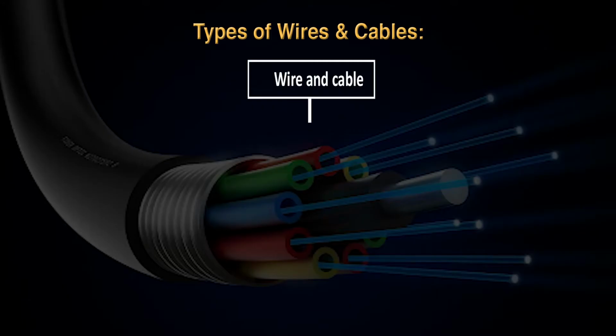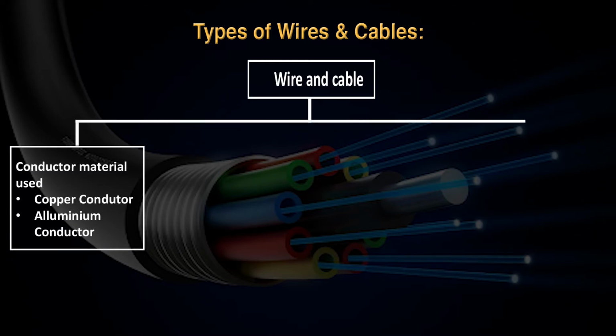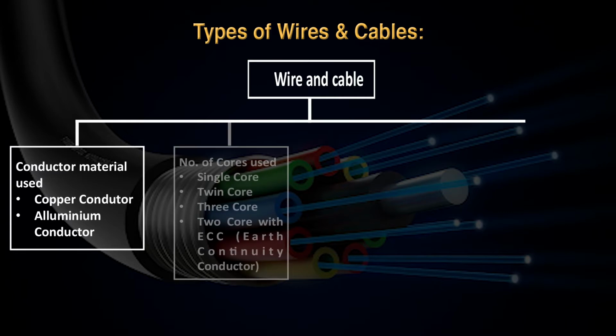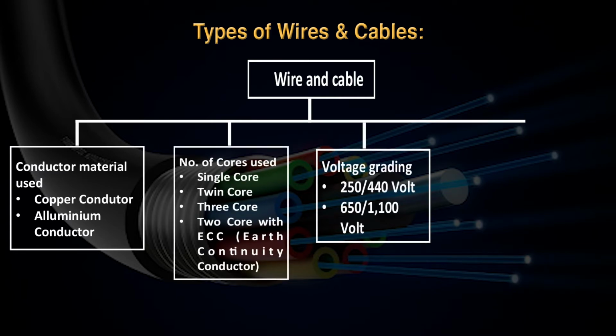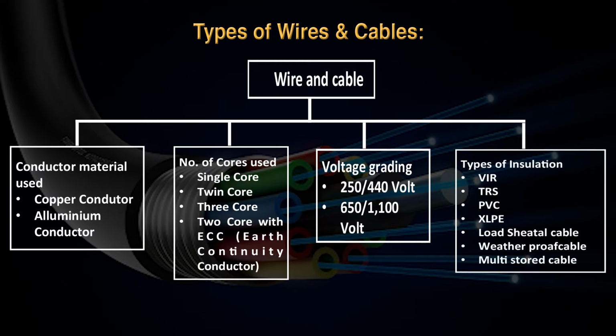As you know, wire and cables can be classified on the basis of conductor material used, on the basis of the number of cores used, and on the basis of the voltage grading and type of insulation. On the basis of conductor material, they can be classified as copper conductor and aluminum conductor.